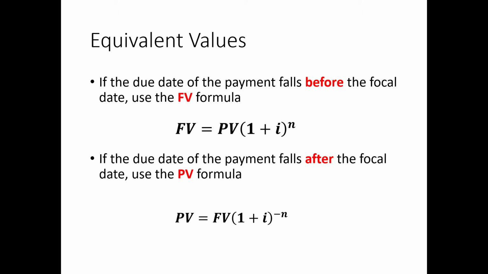Oh, look back there. There's the focal date. It's in the past. Let's go and let's find the present value. Yeah. So, there's those rules of thumb if drawing out the diagram and drawing out the timeline doesn't work for you. Okay. Other than that, there's no new material here.